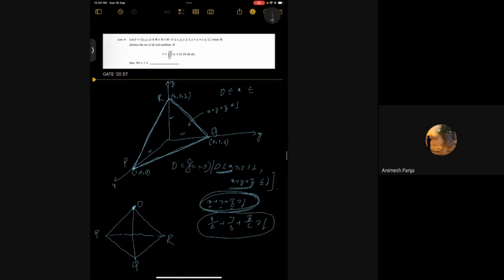The values of x will be considered along this x-axis, on the positive side, and x will only go up to the value determined by this plane. Is it clear?